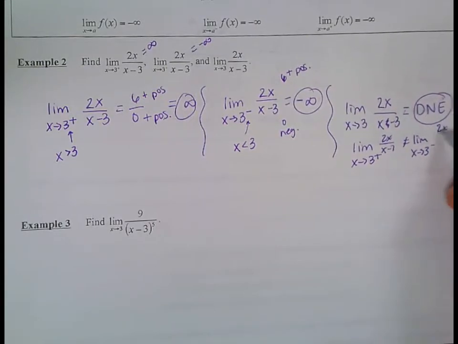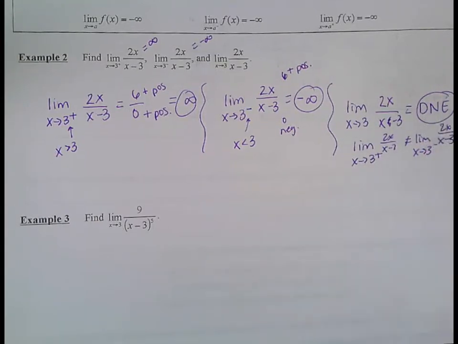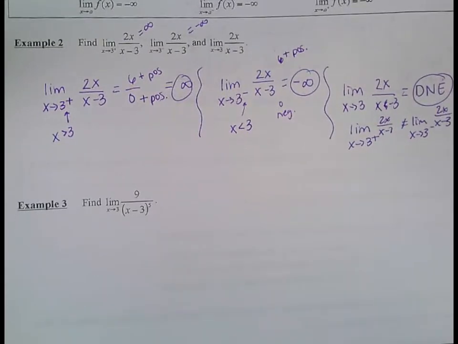And he was just asking because technically from both sides, each limit, even though we can say positive or negative, they still don't exist. But this is still perfectly acceptable if you had to give a reason why. Okay, so that's one example.